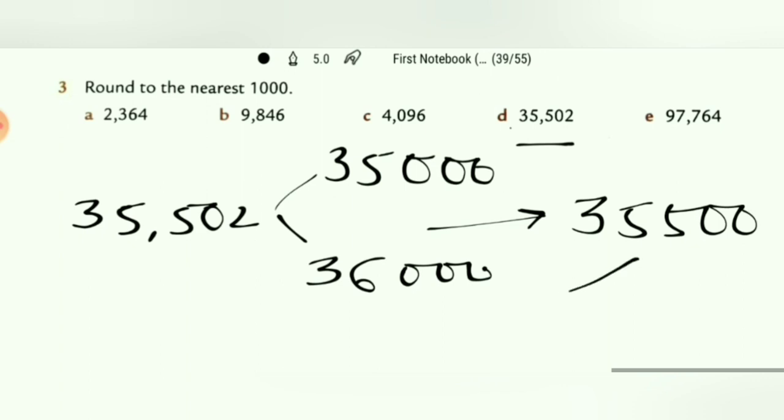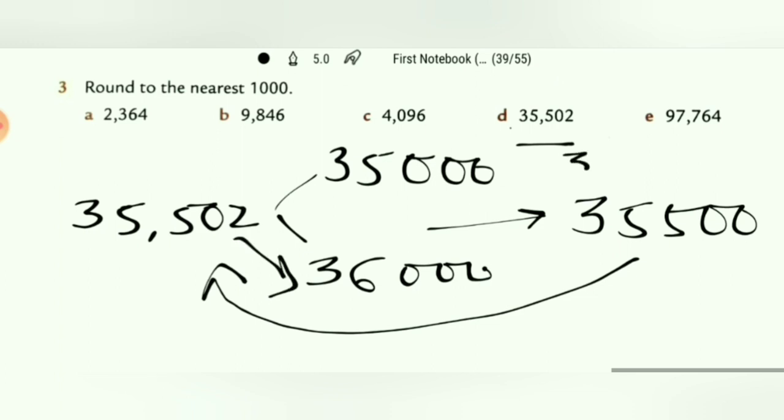See our question, that is 35,502. It means it is more than the half value. So the answer is the second one. So here we will write the answer. It is 36,000. Do it in your notebook.